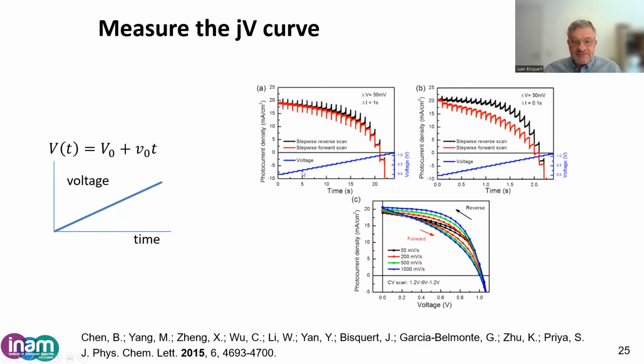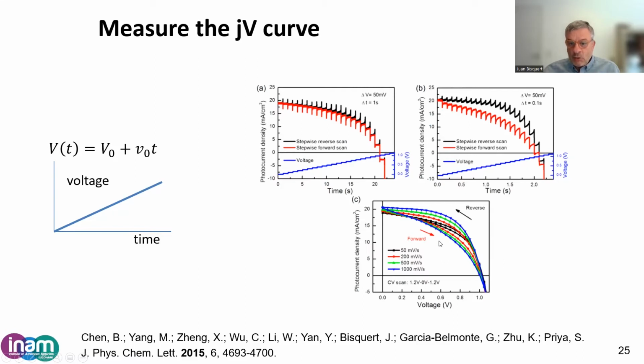If these steps are slow, at the end of each step, you can be in equilibrium, so it doesn't matter forward or backward scan. But if you make the steps faster, there is an internal relaxation time governed by the equivalent circuit, so that the system will not go to equilibrium at each time, and there will be a difference. And this is what we call hysteresis.